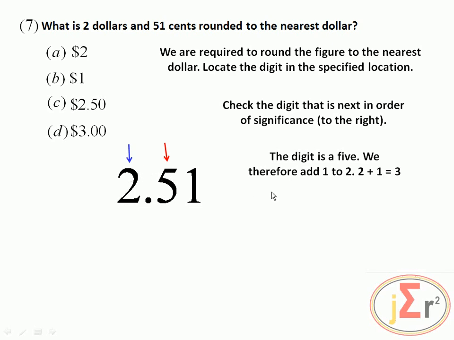So what do we do? We add 1 to this. Why? Because this digit, which is the next in order of significance, is greater than or equal to 5. We therefore add 1 to 2.